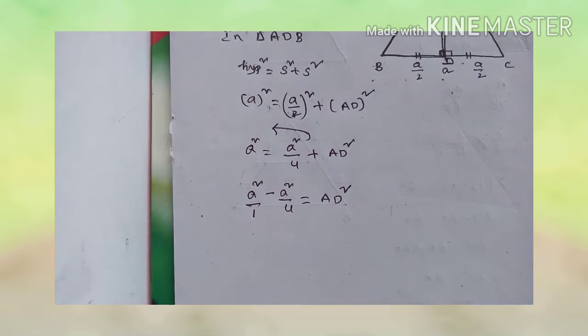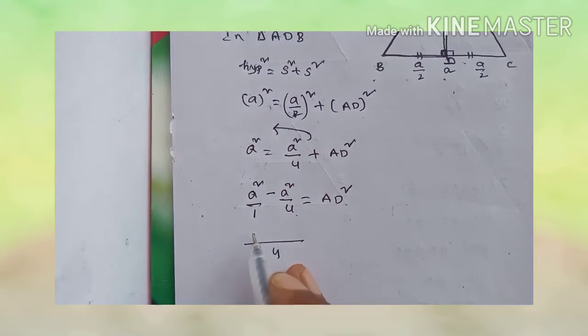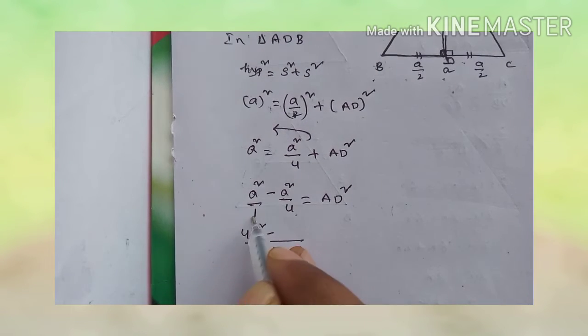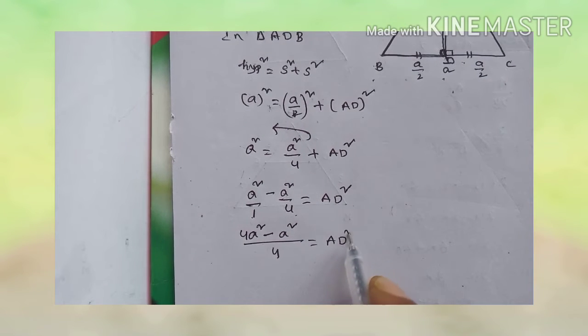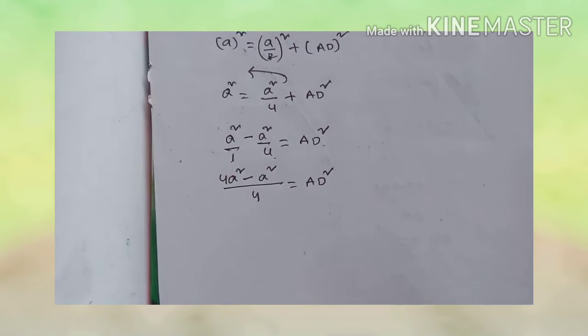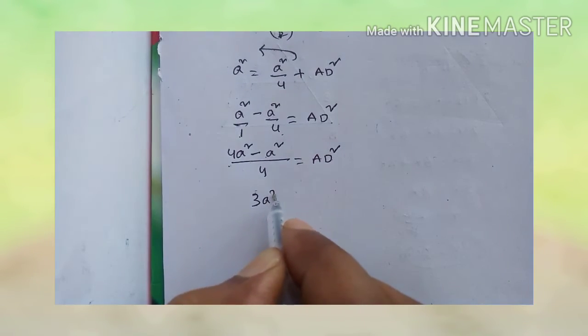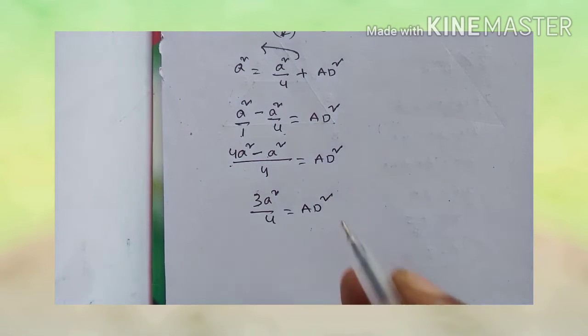The denominator is 1 and 4, so the LCM is 4. 4 into a square is 4a square, minus 1 into a square, is equal to 3a square by 4, which is equal to AD square.